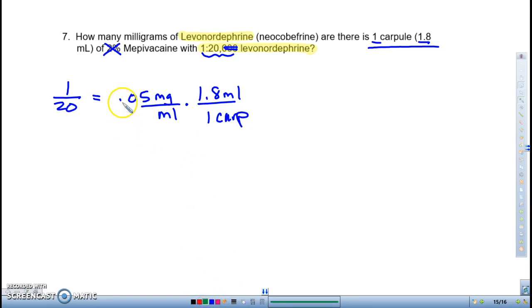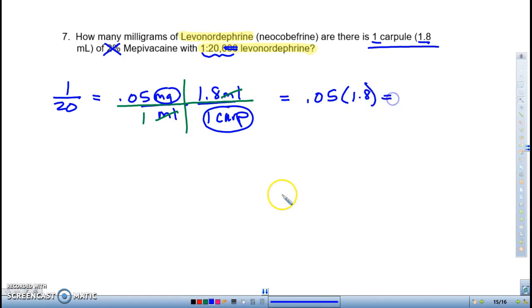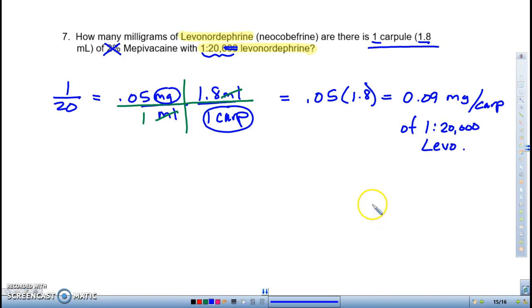If we turn this into what I call the picket fence, can you see where our milliliters are going to cancel each other out? That's a 1 right there. We're left with milligrams per 1 carp, and that's what we're looking for. So it's 0.05 multiplied by 1.8, which gives you 0.09 milligrams per carp of 1 to 20,000 of levo.